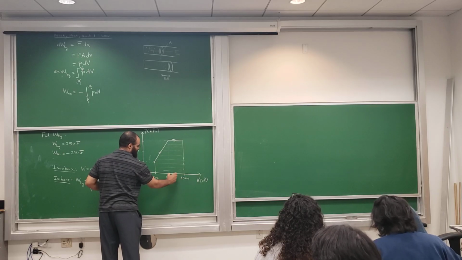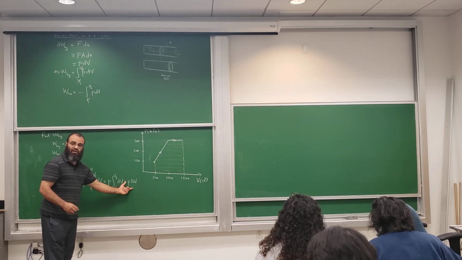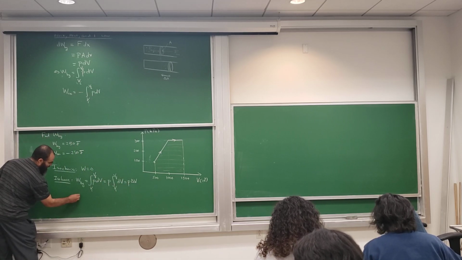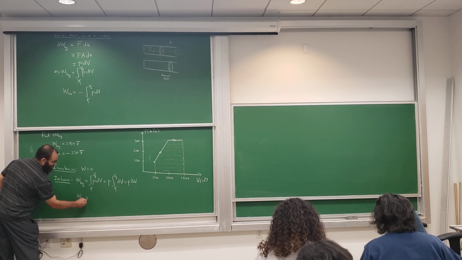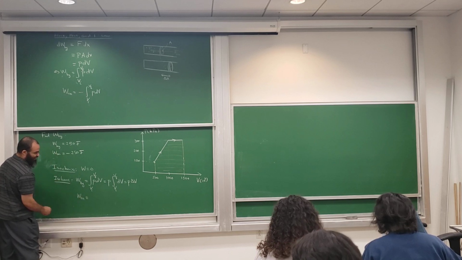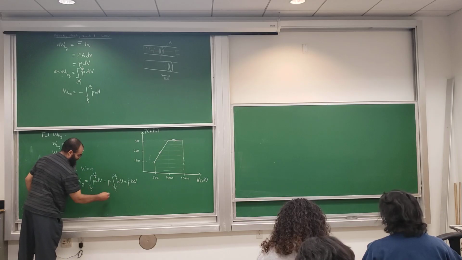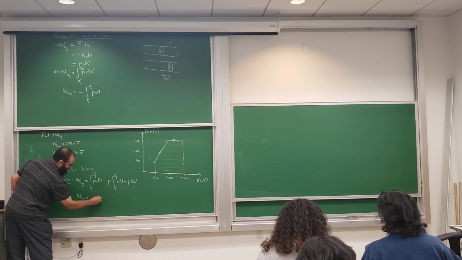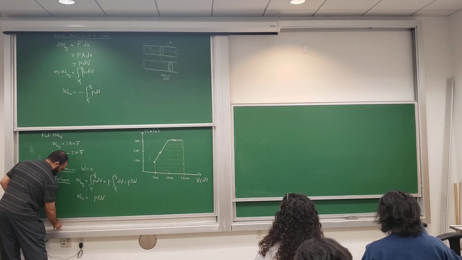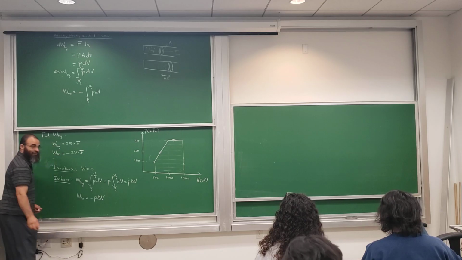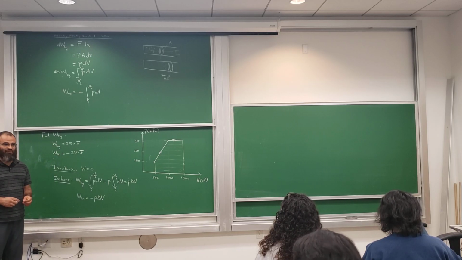So that's what this one is telling us. And the work done on the gas in this case, for isobaric, will be what? It's just going to be P delta V, but with a minus sign. Let's put it in blue. Not much to do there.